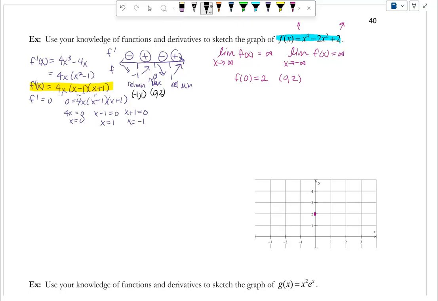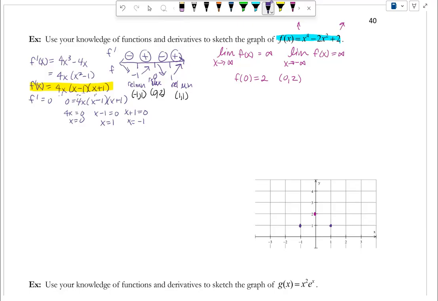And when I plug in a +1, 1 to the 4th minus 2 times 1 squared plus 2, that's going to give me a 1 again. So I get (1, 1).